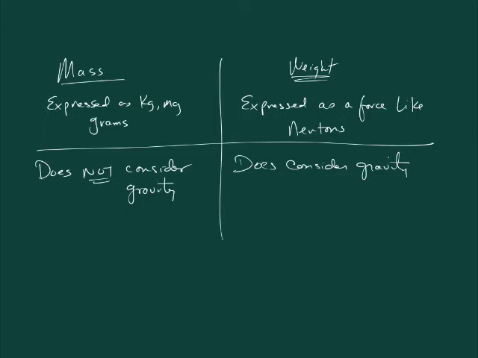The reason it considers gravity is because there is a force acting on it, and the force of gravity is what leads to a change in whatever the weight is going to be for an object, because it is dependent on the gravitational field that the object is found in. So the force is going to cause the weight to change, and largely, again, it's because of the gravitational field.